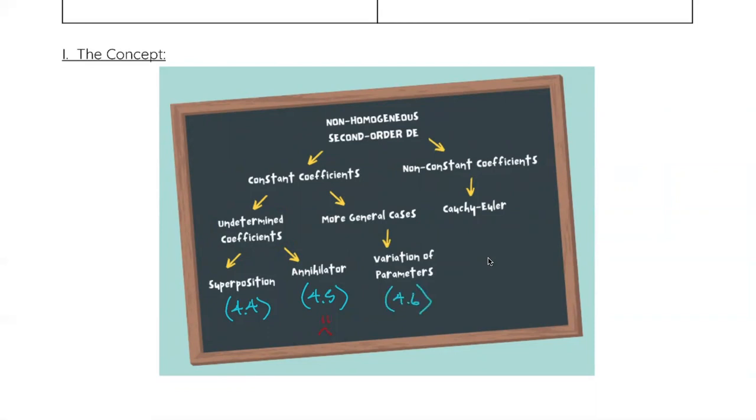And then the second branch here deals with the non-constant coefficients. So when we have functions of x as the coefficients, the method we will learn here is called the Cauchy-Euler method, right? And they deal with the Cauchy-Euler types of equations.